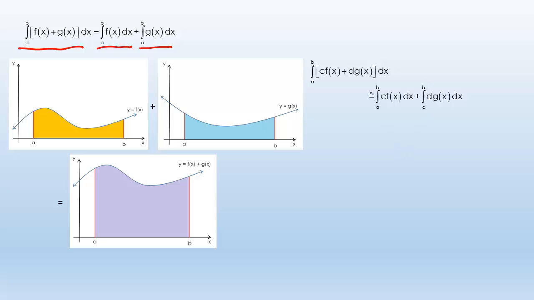And we could slide the c outside here and the d outside here as per a previous property that we looked at. And so this one just follows from this one, because we just can consider c f of x to be one function and d g of x to be another function, and then it just follows naturally.